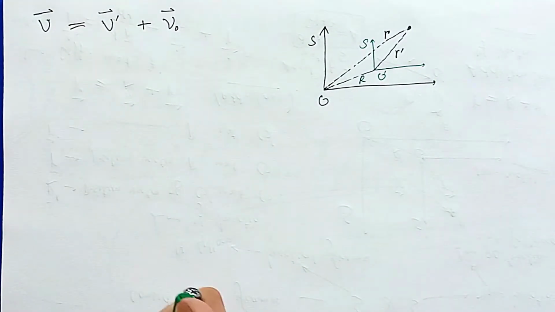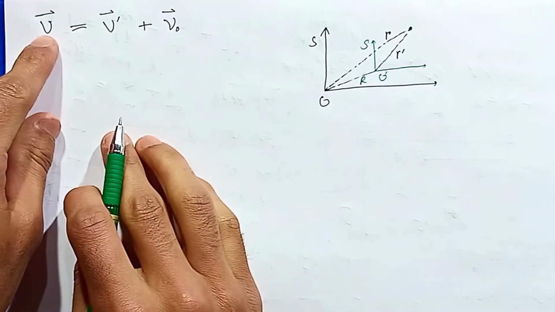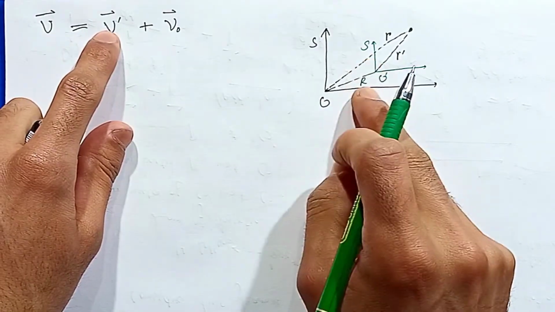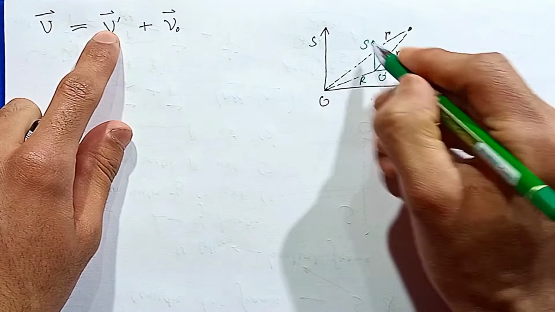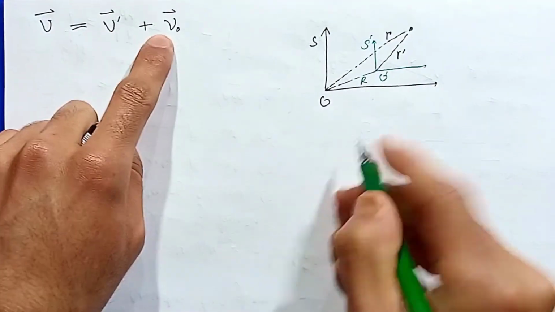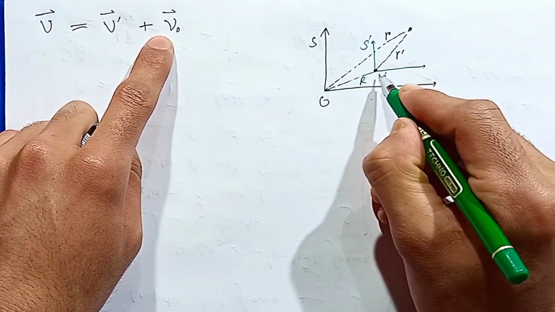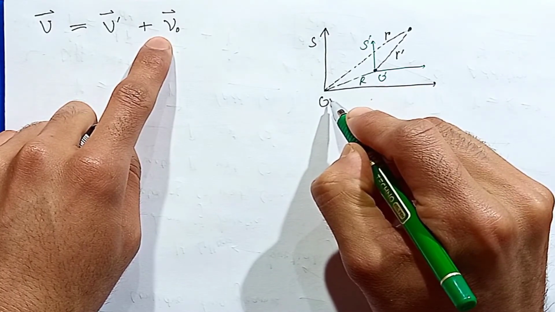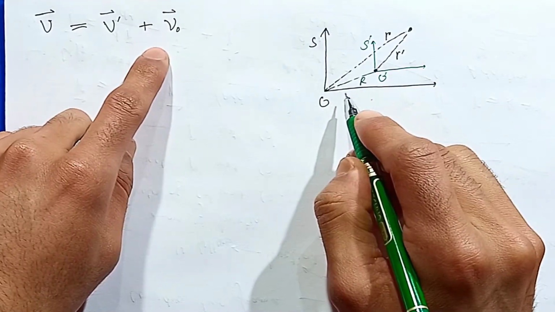So the velocity comes out to be v equals v prime, the velocity with respect to the frame S prime, plus v0, the velocity of the origin of the non-inertial frame with respect to the inertial frame.